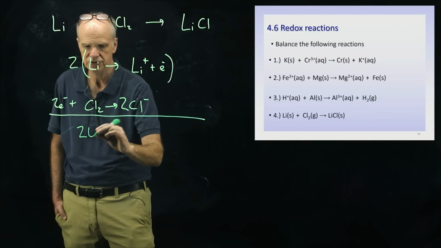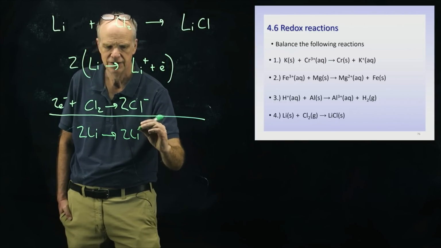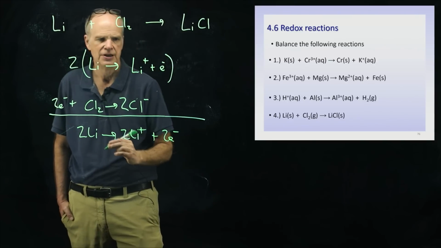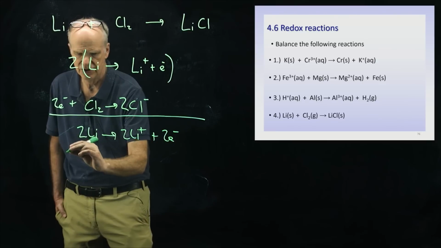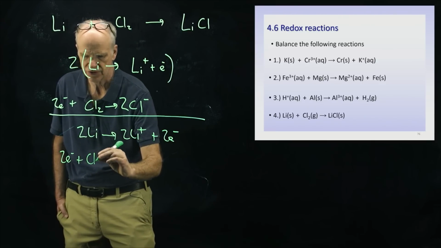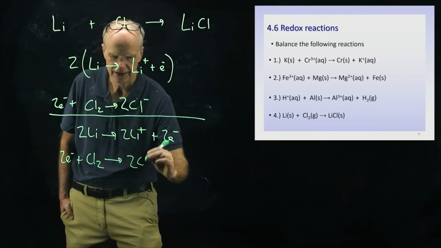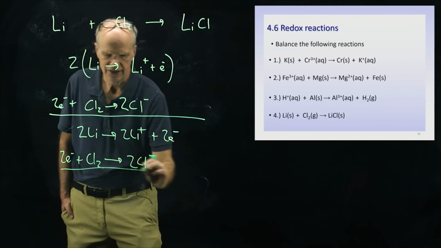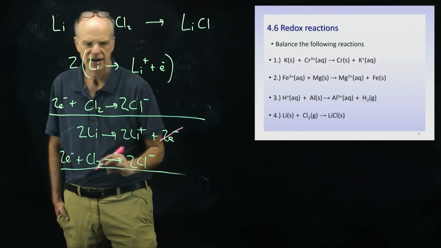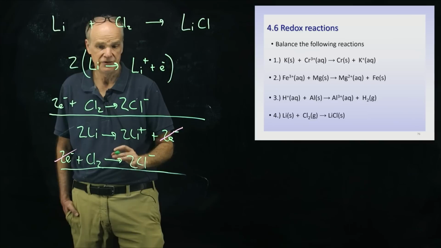We have 2 lithium goes to 2 lithium ions plus 2 electrons. And then we have 2 electrons plus the chlorine molecule goes to 2 chloride ions. Okay, and now you can see that the 2 electrons on the product side cancel out the 2 electrons on the reactant side. So now we can write a final equation.